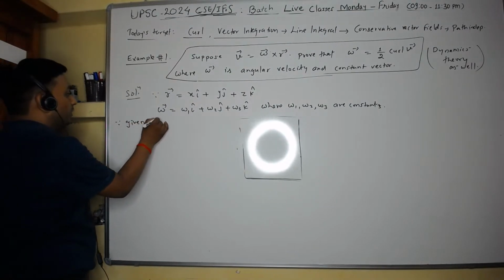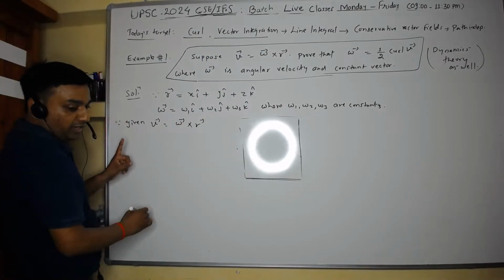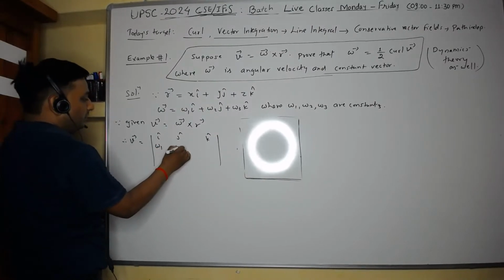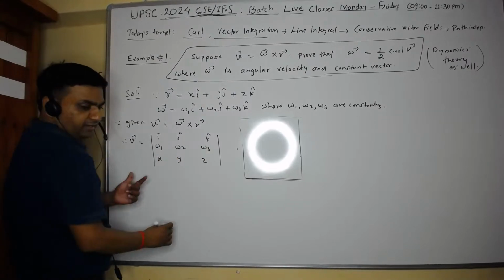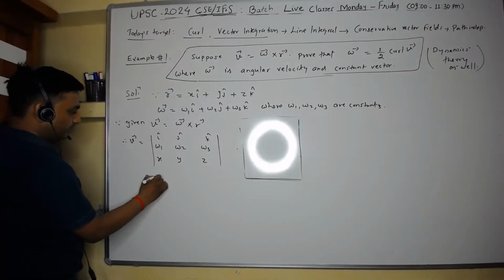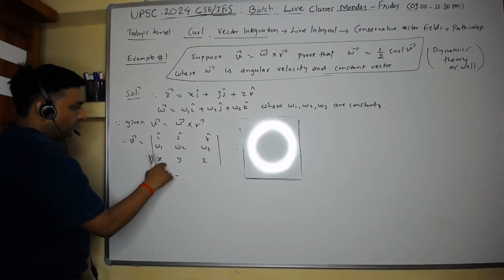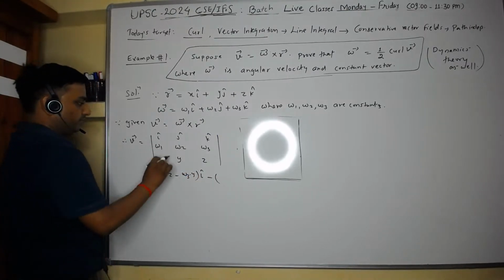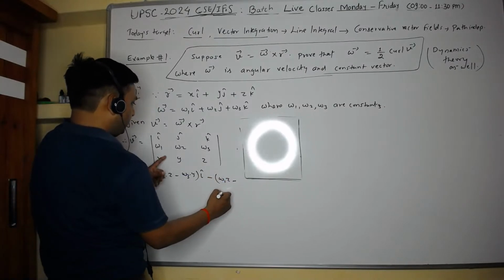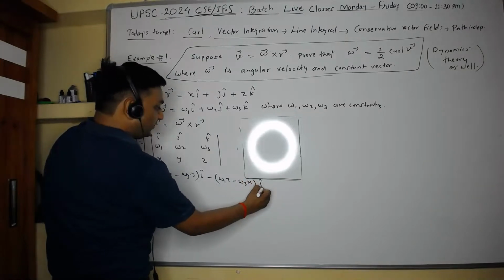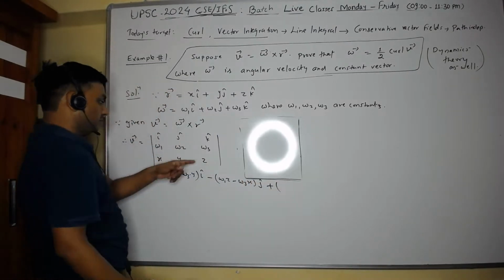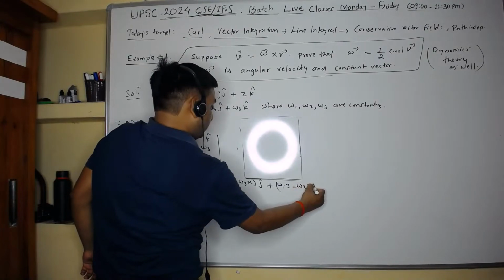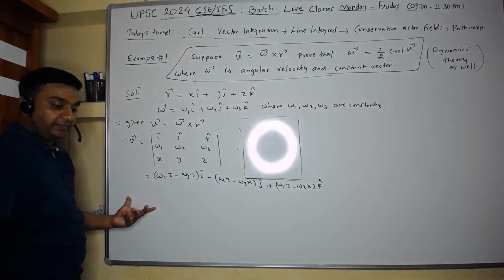Since given v vector is omega vector cross r vector, so v vector will be the determinant of i j k, omega 1, omega 2, omega 3, x y z. So this will be (omega 2 z minus omega 3 y) i cap minus (omega 1 z minus omega 3 x) j cap plus (omega 1 y minus omega 2 x) k cap.